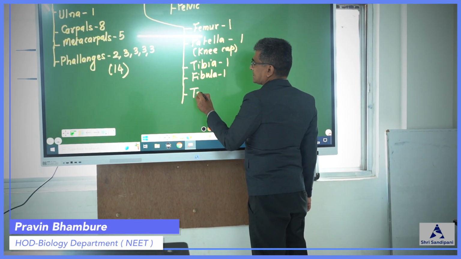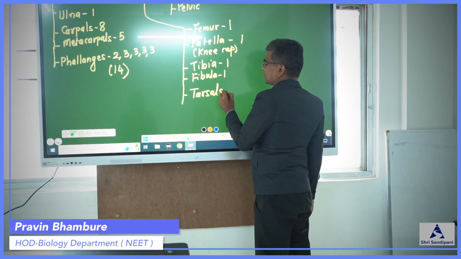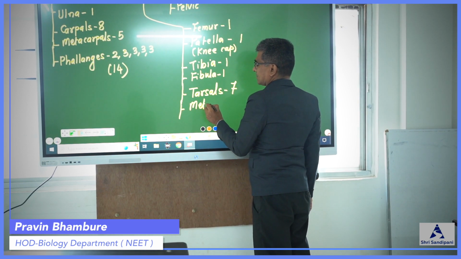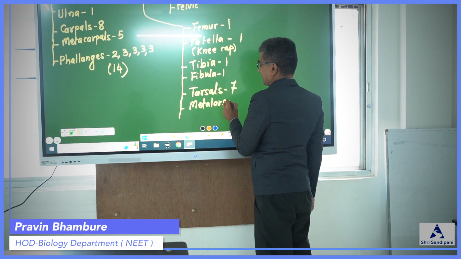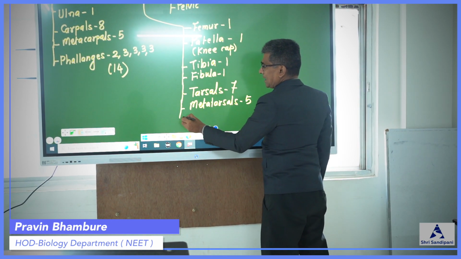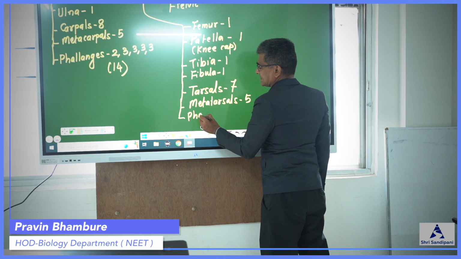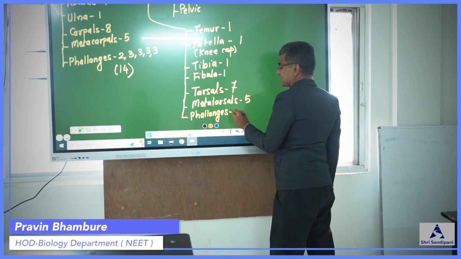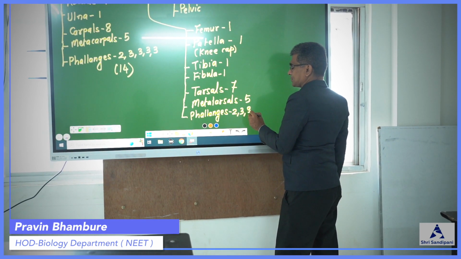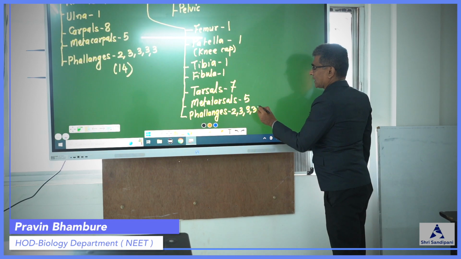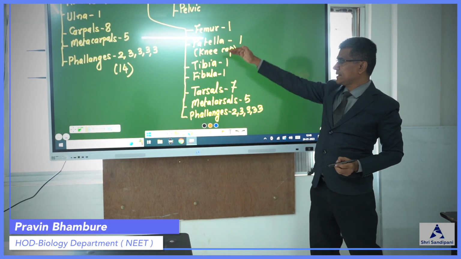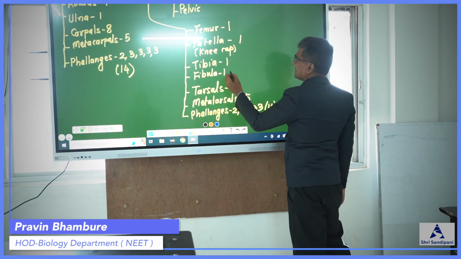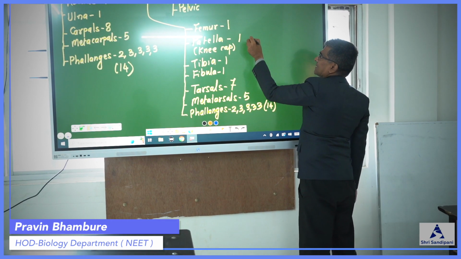And then in our ankle point, here they are called tarsals. There are about 7 tarsals. Then metatarsals, they are 5 in number. And last again phalanges, which are our toes, big toe and small toes together. The same phalangeal formula will continue over here, that is 2, 3, 3, 3, 3. Now if you total up the entire thing, 14 plus 5, 19, plus 7, 26, and 26 plus 4, that is again 30.